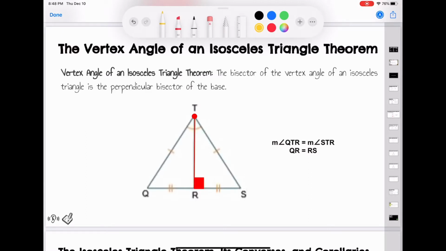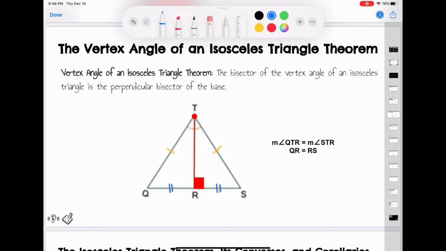So not only are our two sides congruent because we have an isosceles triangle, but when we draw the perpendicular bisector, our two bottom halves are also congruent to one another. Therefore, QR is congruent to RS, and QT is congruent to TS.